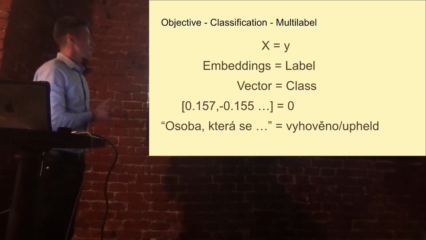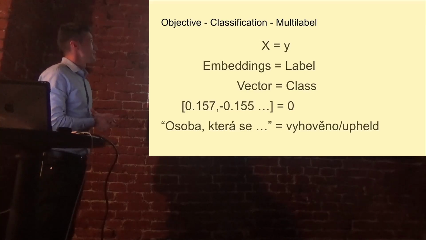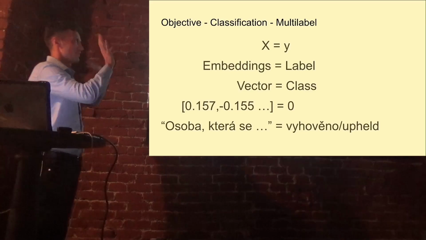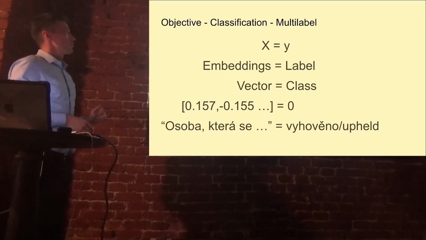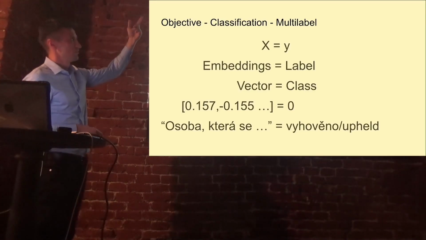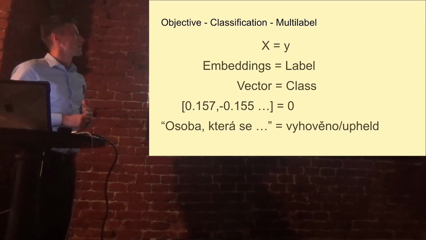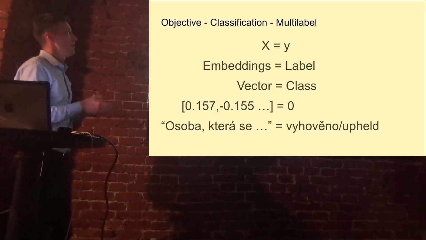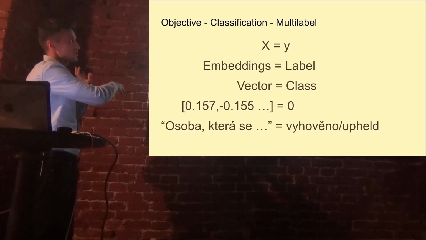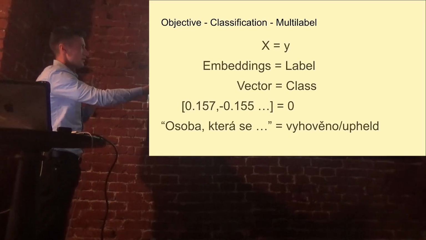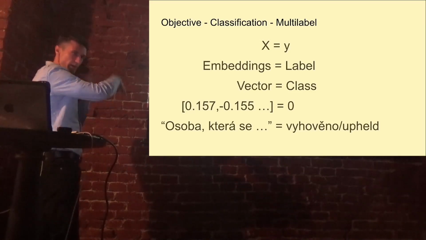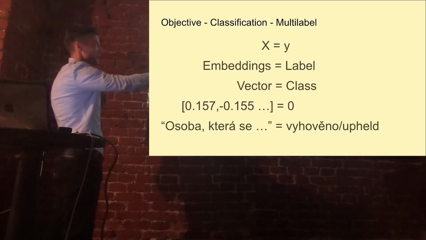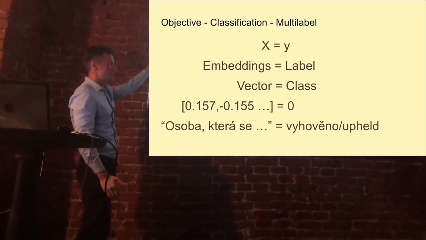Okay, and let me explain classification. I'm not sure if it should be equal there, but it doesn't matter now. For statisticians, this is the basic construction of the formula: based on X, you are trying to predict Y. In my case, based on embeddings, I'm trying to find a label, or based on the vector, I'm trying to find a class.